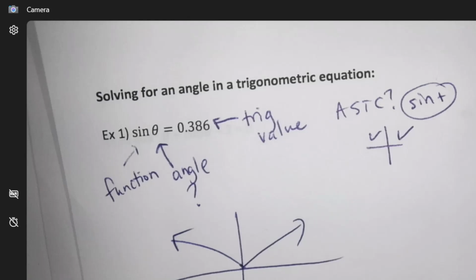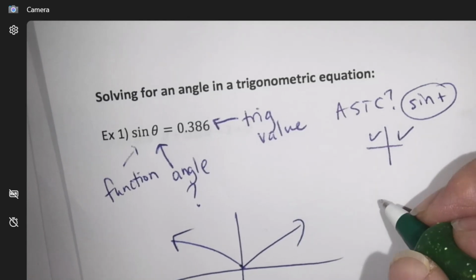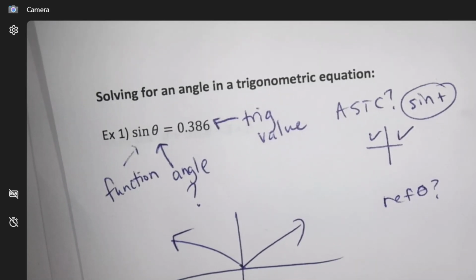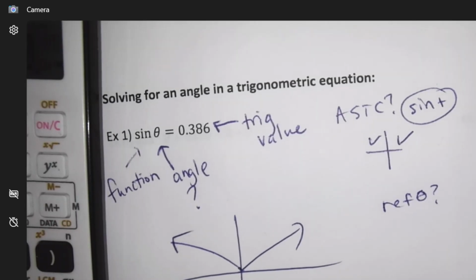Okay, step 2. We are going to figure out what is the reference angle. Okay, so how do I get the reference angle? So my calculator is where I go. Okay, we did this with trig. How do you always get an angle in your calculator?